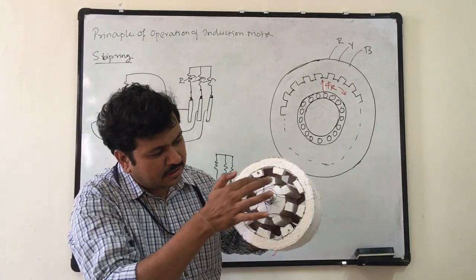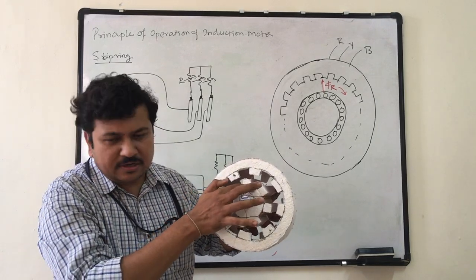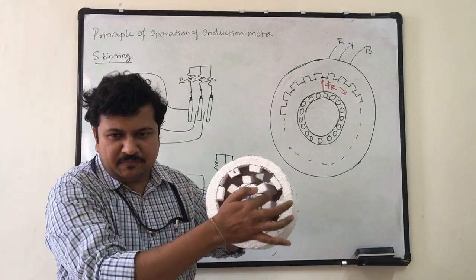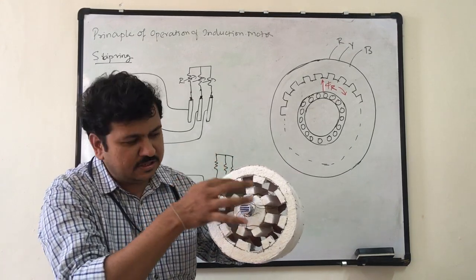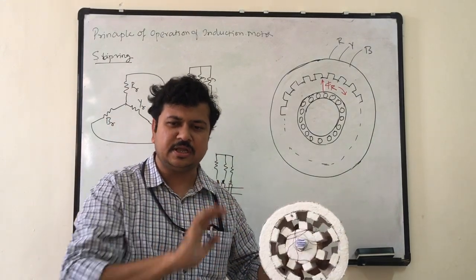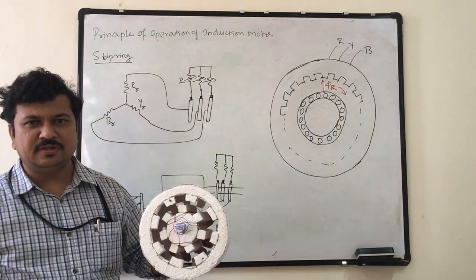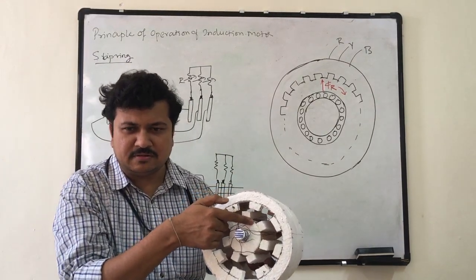Now observe, there are conductors in the slots. A magnetic field is rotating. What should happen? The flux that is linking to these conductors is rotating. So there is a generating action taking place. There is a rotating flux linking to this conductor.